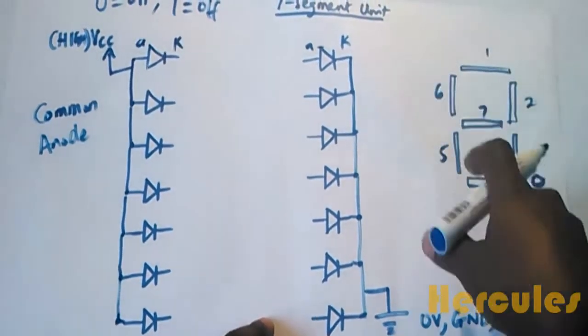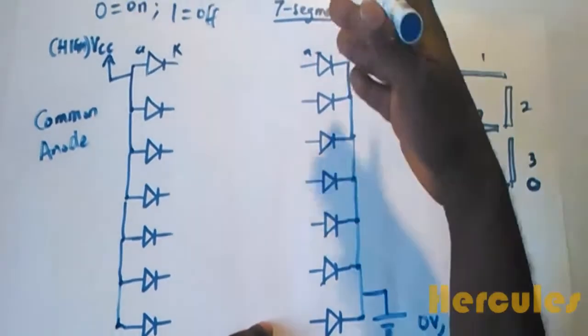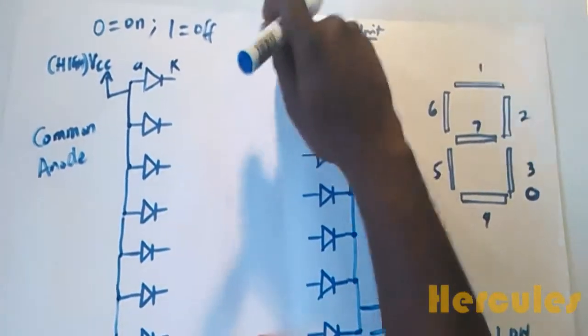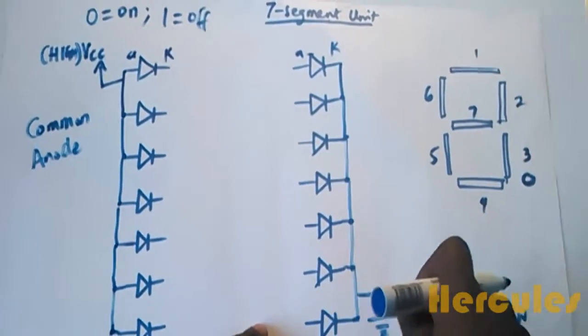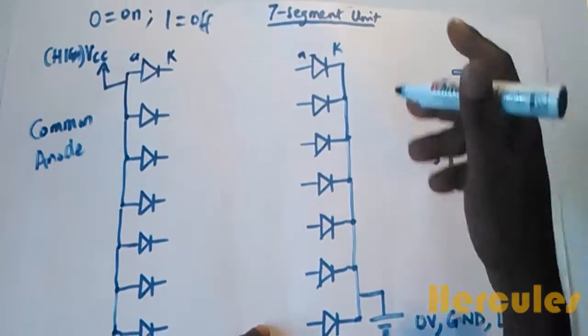In this case, we require a 1. A 1 is required to turn on an LED since the cathodes are connected to 0 volt or ground.